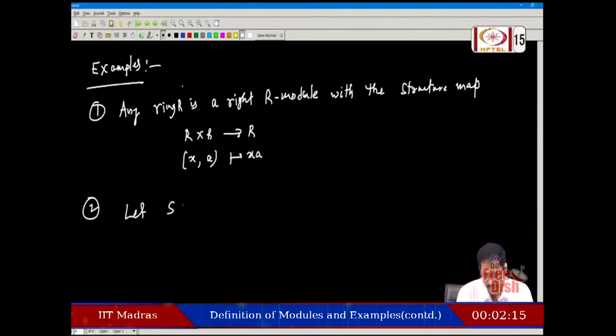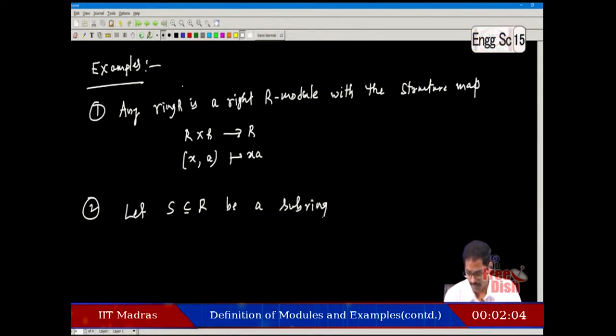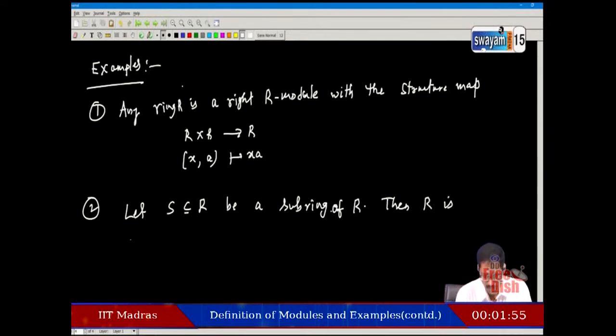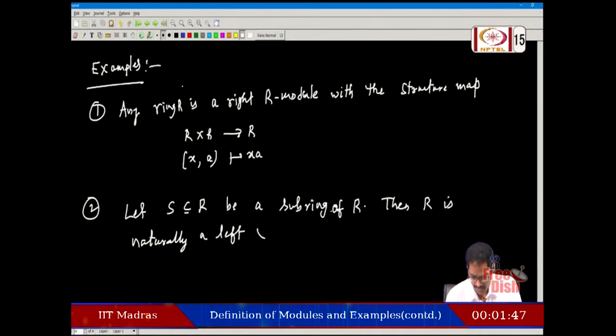Suppose S is contained in R and is a subring of R. Then R is naturally a left as well as a right S module.